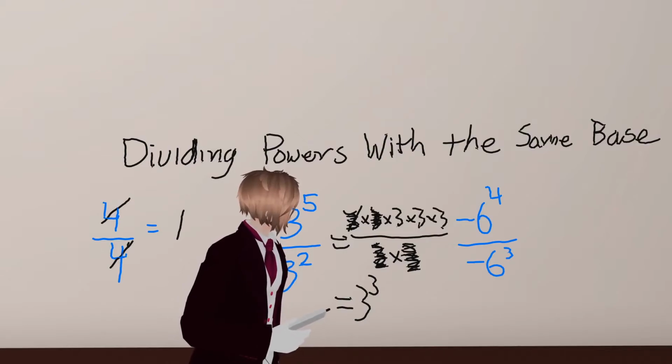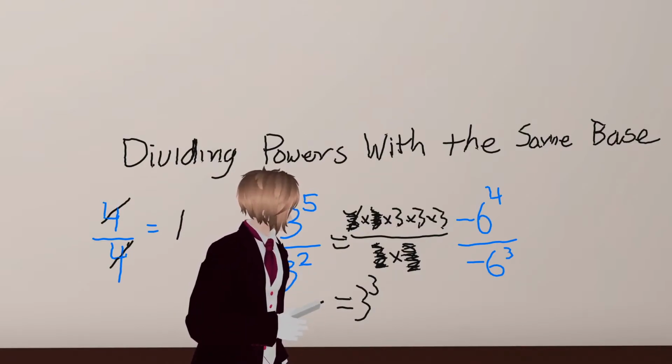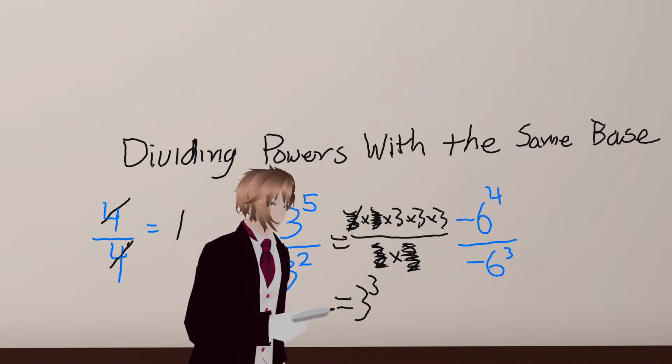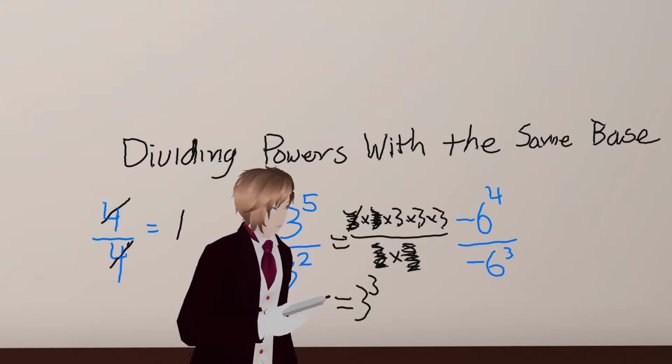Another example, we have negative 6 to the power of 4 divided by negative 6 to the power of 3. So let's write out the extended multiplication and find the simplified answer.